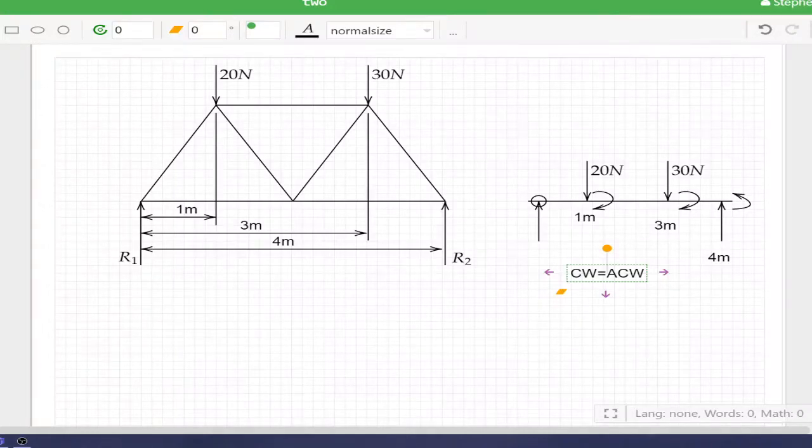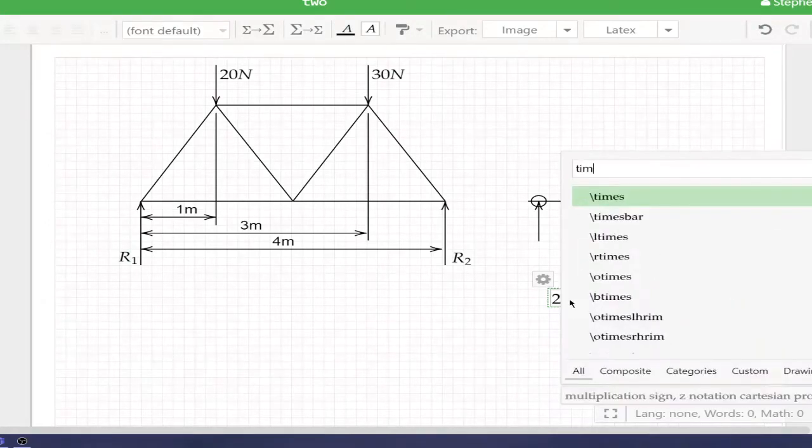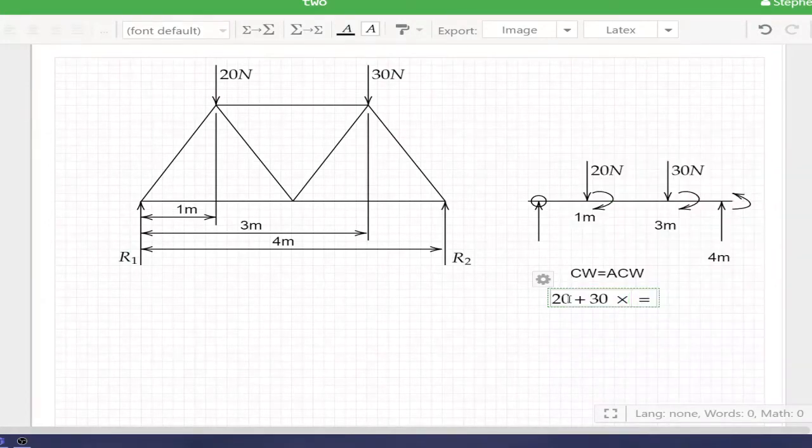So let's start to build our equation. So we've got 20, that's our 20 newtons times by our 1 meter. Okay, and our next clockwise force is 30, and that's times by 3 meters. Okay, so plus 30 times by 3 meters.